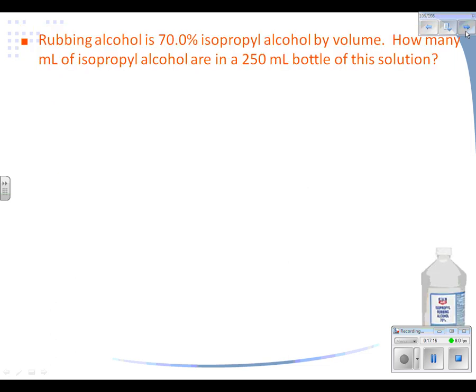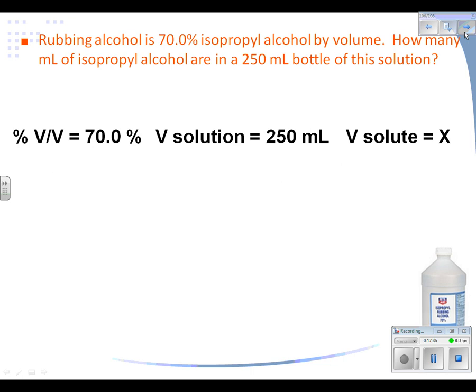Rubbing alcohol is 70% isopropyl alcohol by volume, which means when you buy it at the grocery store, it comes in different percentages. So how many milliliters of isopropyl alcohol are actually in a 250 milliliter bottle? This would be a volume by volume percentage.